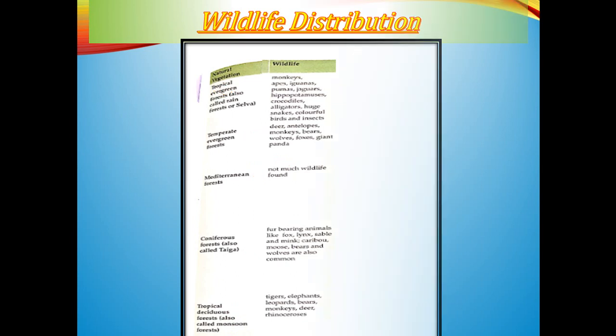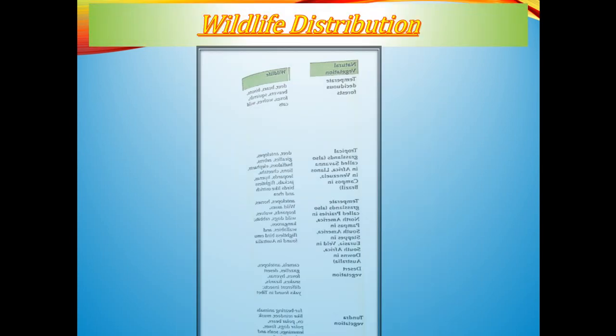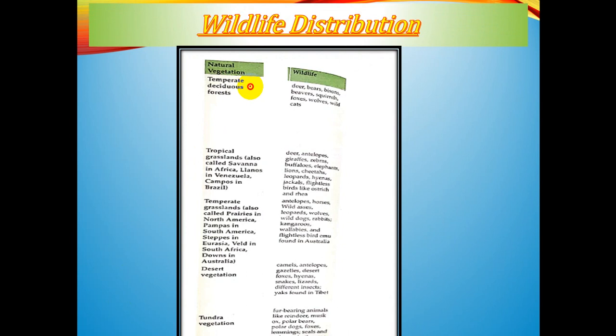For other types of vegetation, just like temperate deciduous, grasslands, both tropical and temperate, then comes desert vegetation, tundra vegetation, your part will be to just write minimum 3 and maximum 4 species that you can keep in your mind for all the types of vegetation. 3 species, maximum 4 species, not more than that.